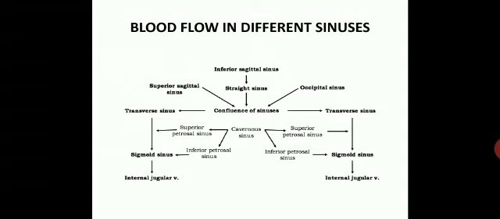From the confluence of sinuses, the blood moves towards the right and left transverse sinus. From the cavernous sinus, superior petrosal sinus and inferior petrosal sinus also, the blood reaches the transverse sinus. From the transverse sinus, it drains into the sigmoid sinus, and finally from the sigmoid sinus, it enters into the internal jugular vein.